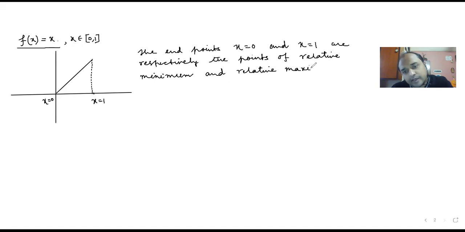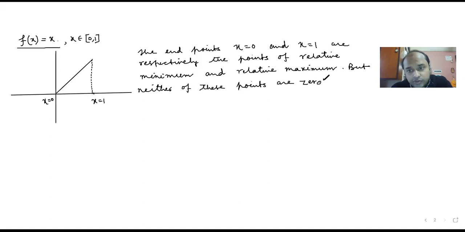Okay, but neither of these points are zeros of the derivative. What does it mean?